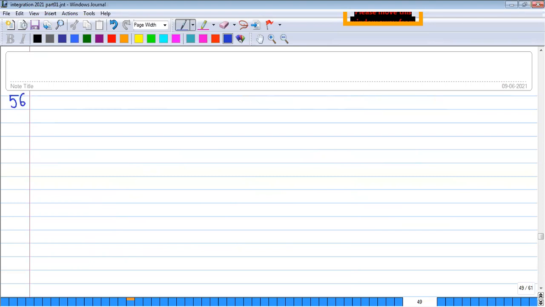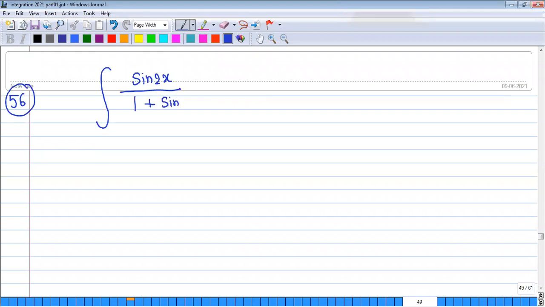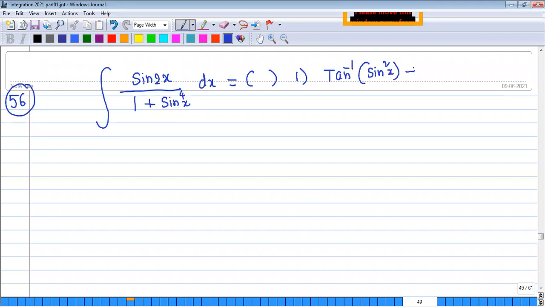Fifty-sixth. Integral sin 2x upon 1 plus sin x to the power of 4 dx. First option: tan inverse of sin square x plus constant of integration.